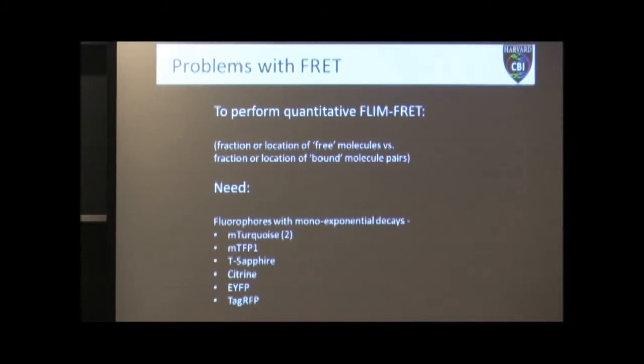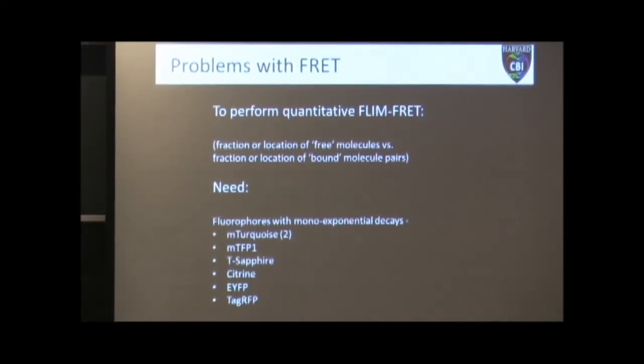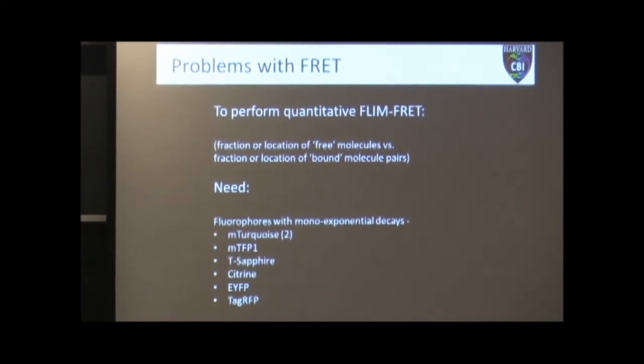I'm just putting that up there for your reference. If you do want to start doing some of this quantitative FLIM-FRET, how many free molecules are there versus how many bound molecules, where are the free molecules in the cell, where are the bound molecules in the cell, you can do these types of experiments quantitatively, but you have to make sure you're using one of these fluorophores with a mono-exponential decay.